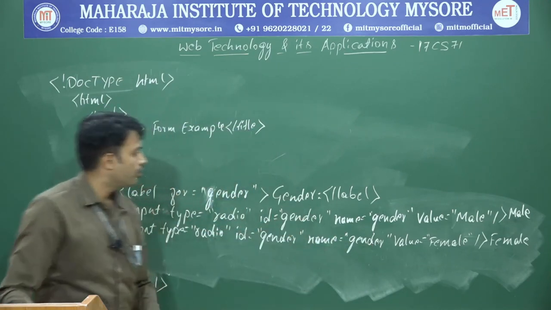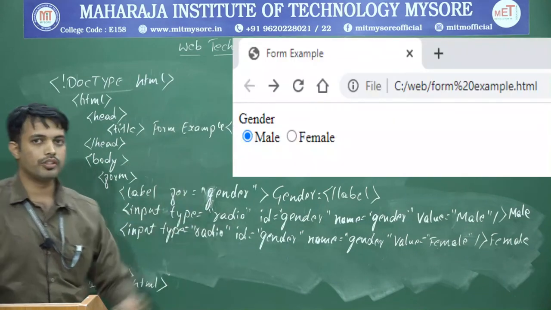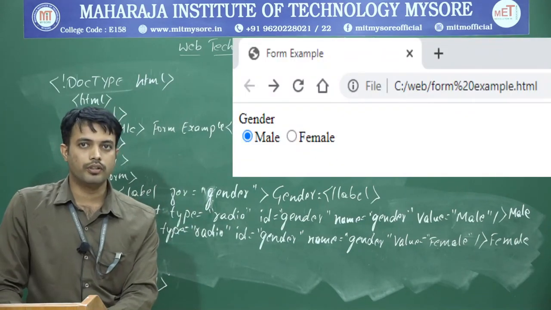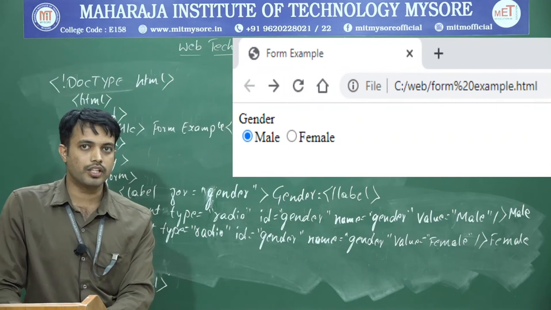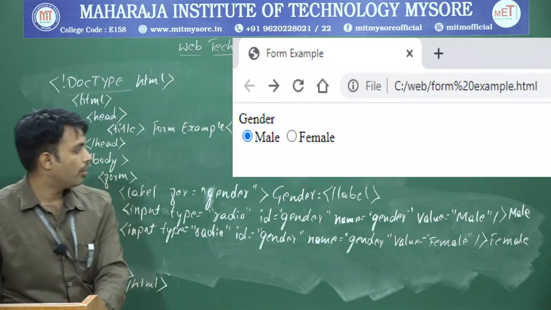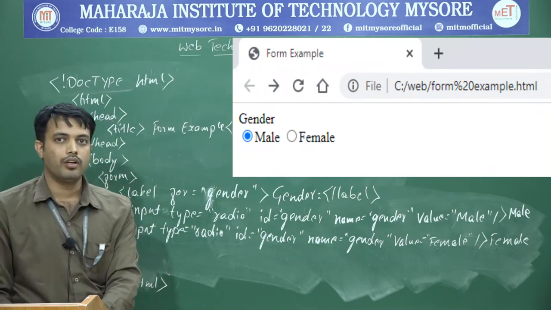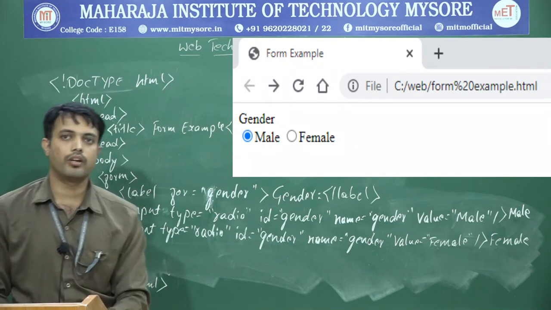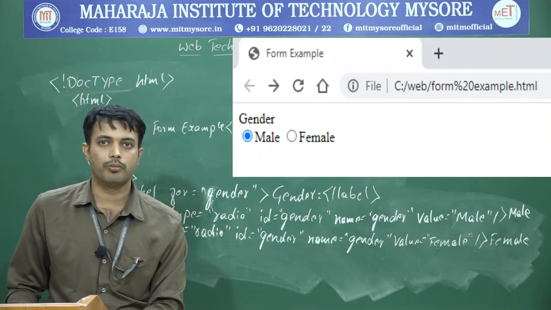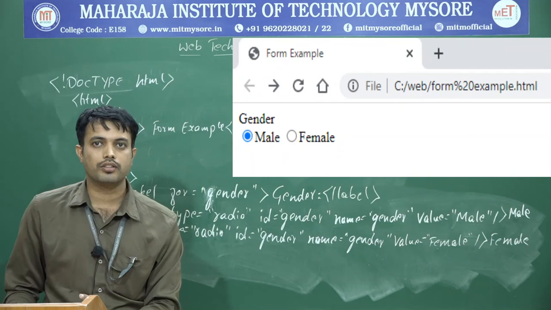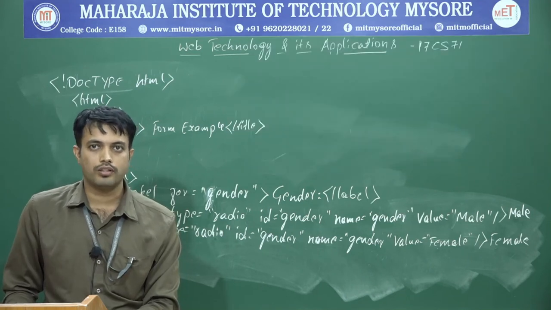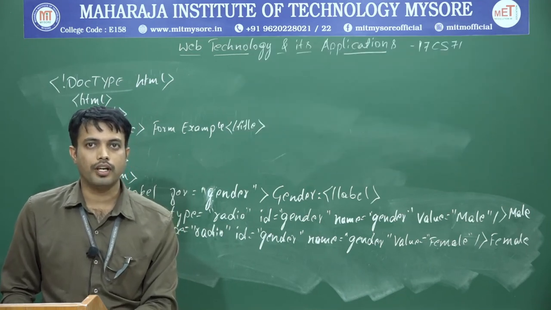Fine. So now if I run this program, you can notice the output. Whatever text you are seeing is male and female. Before that, you can notice that there is a radio button. Out of these two radio buttons you can select any one. That is the property of a radio button.